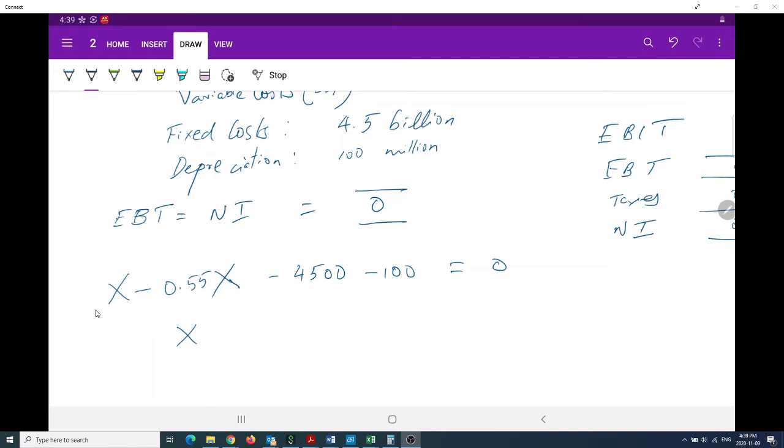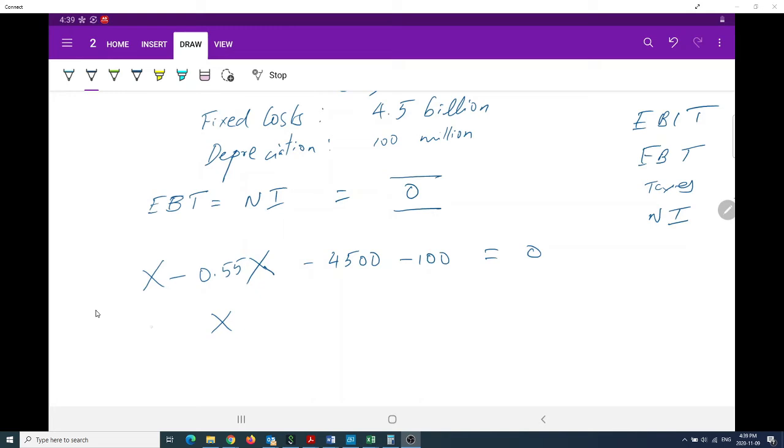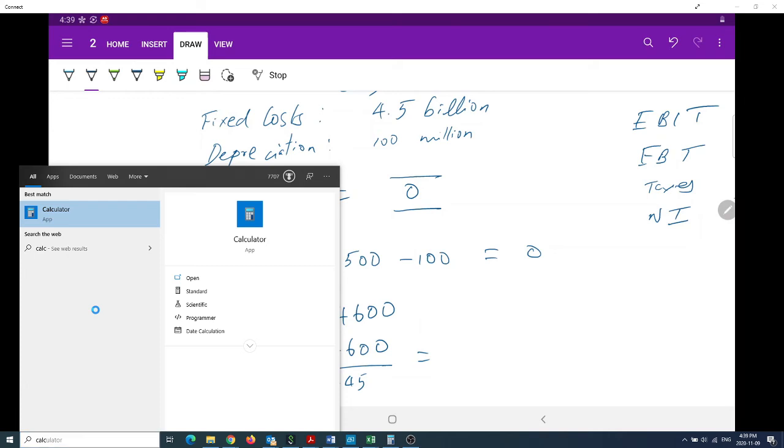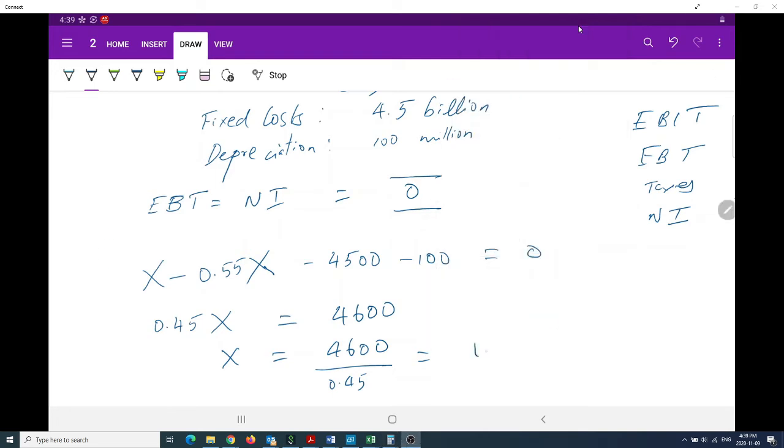Once you subtract all that out, that'll be your earnings before taxes. So 0.45X is equivalent to 4,600, or X should be equivalent to 4,600 divided by 0.45, and that will be 10,222.22 million.